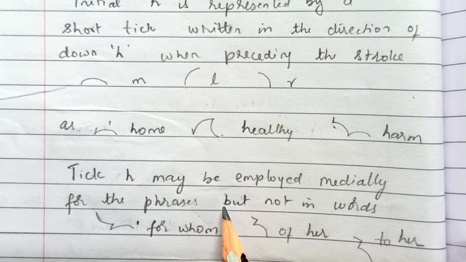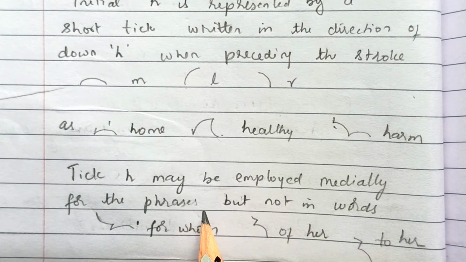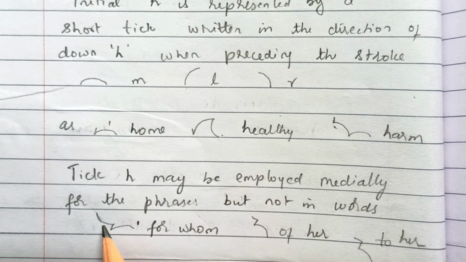And tick H may be employed medially for the phrases. So we can use the same tick H for the phrases medially. So for whom, so for F, then tick H and M. So for whom.